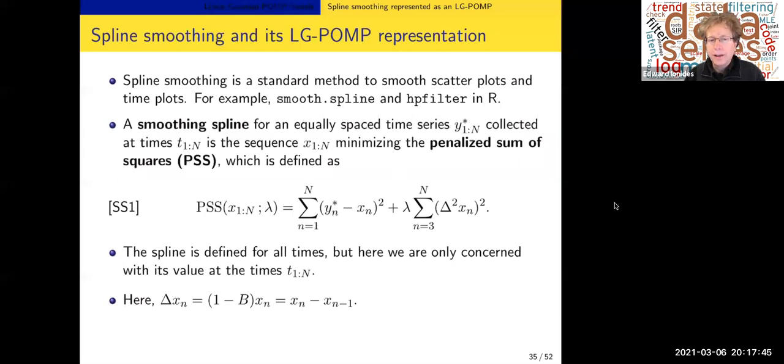And then there's a smoothing parameter lambda that says how heavily we're going to weight that sum of squared second differences. The spline's defined for all times, but we're particularly concerned with its values at the data points at times t_1 to N. And here, just as a reminder, delta is the first difference operator, 1 minus B, applied to x_n.